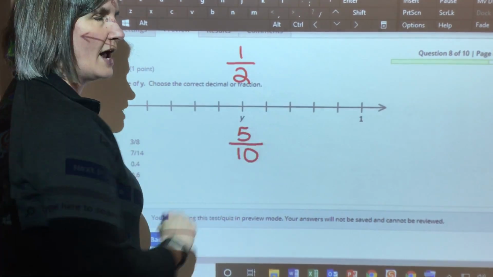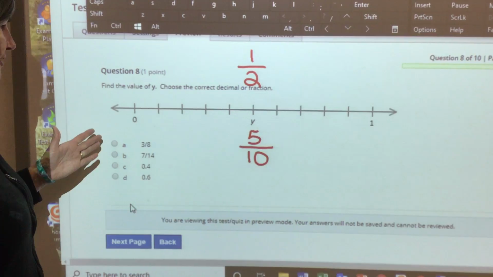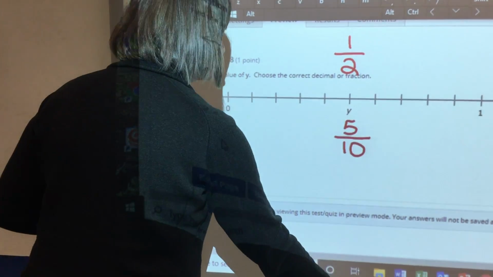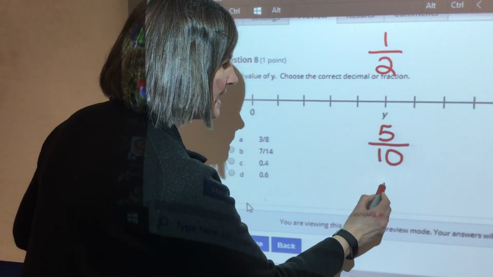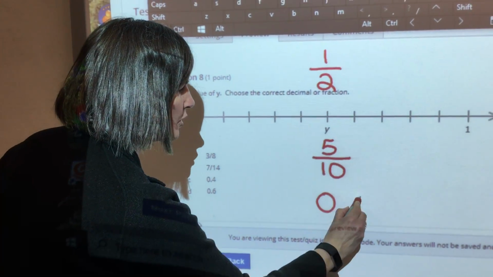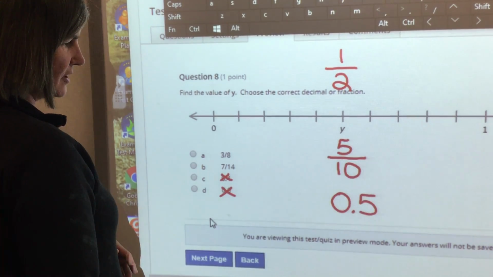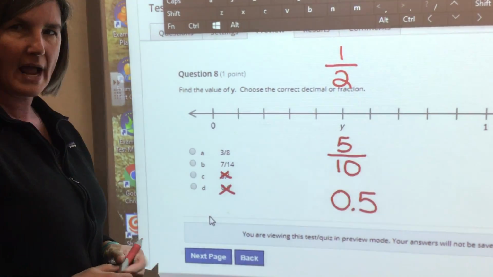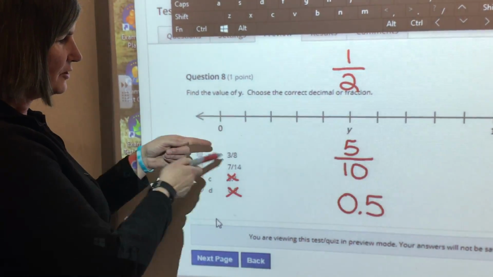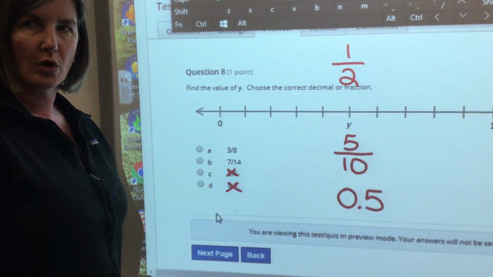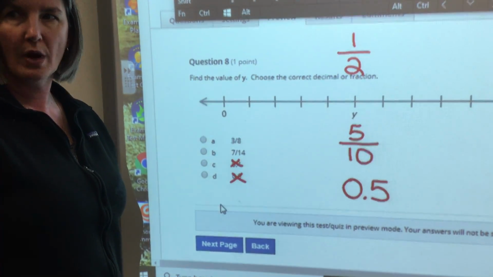Those are equivalent fractions. All right, so let's come over here now and look at our answer choices. Now, as a decimal, we would write 5 tenths as 0.5. That means we can cross this answer out and this answer out. So now let's look at these two fraction options. Does either one of those equal 1/2? Yes. Which one?